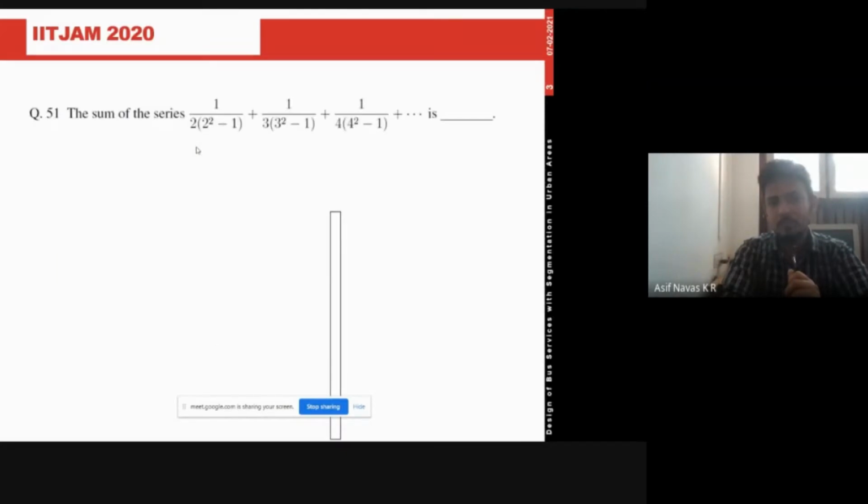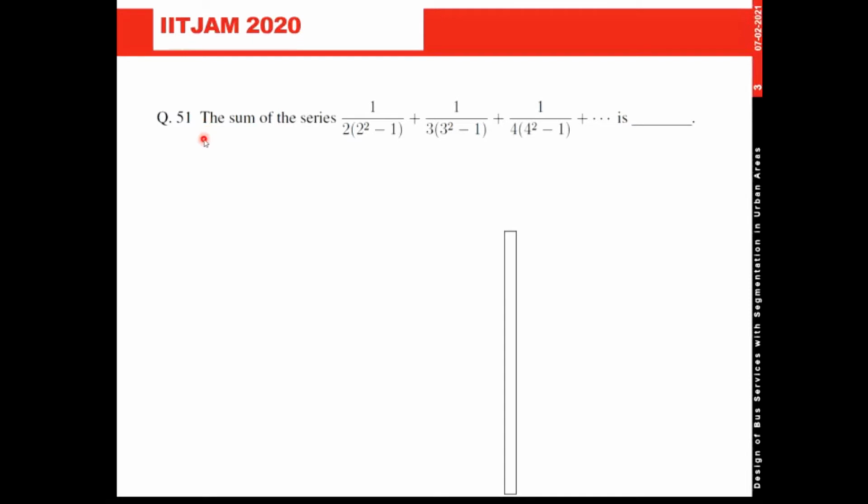So the first problem is an IIT JAM 2020 question. In this question, the sum of the series 1 by 2 into 2 square minus 1 plus 1 by 3 into 3 square minus 1 plus 1 by 4 into 4 square minus 1 is.